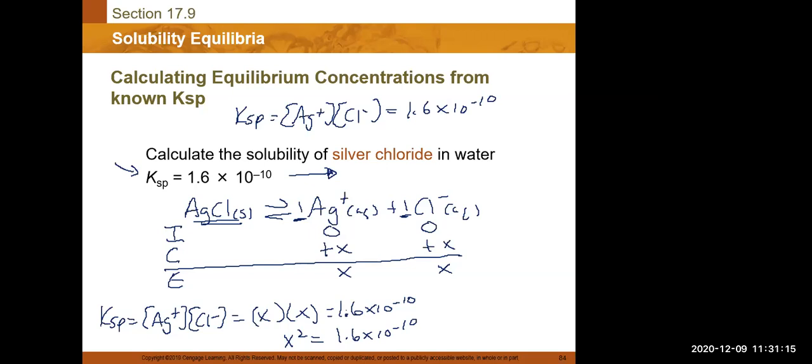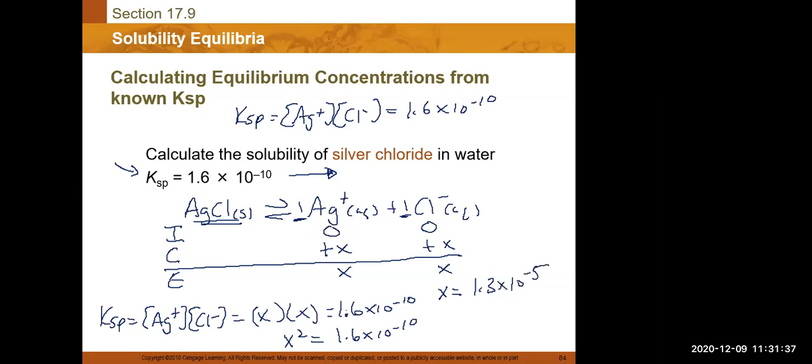If we take the square root of that, we'll end up with x equal to, we'll call it, 1.3 times 10 to the minus 5.